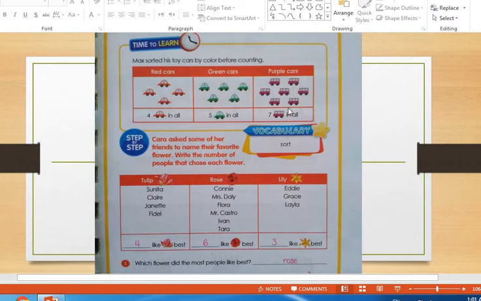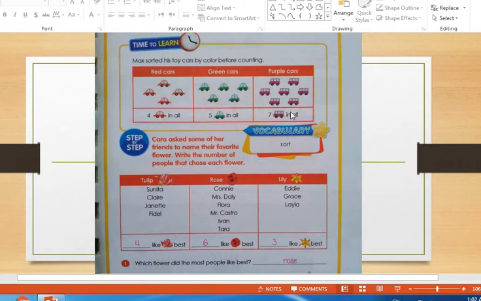Which color car does Max have the least? 4 or 5? 4. So here it is the red color. Bravo.